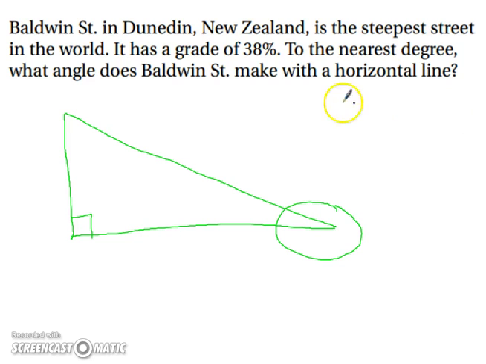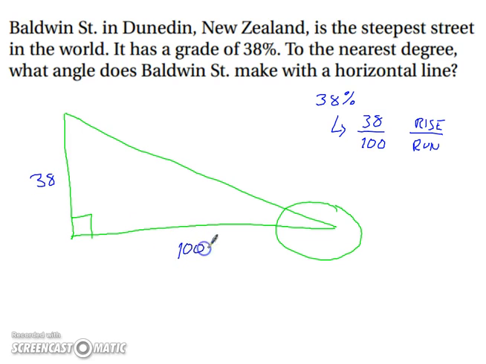Now, we need some information to do so. So, we have 38%. Well, you can write 38% as a fraction, which would be 38 over 100. And you can think of this as rise over run. As for every 38 you go up, you've gone 100 over. So 38 and 100.